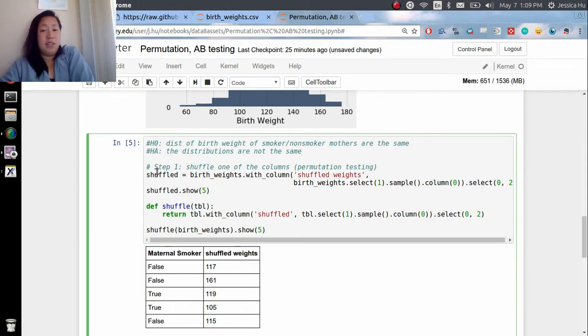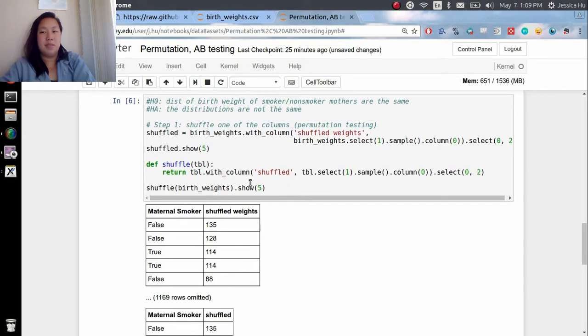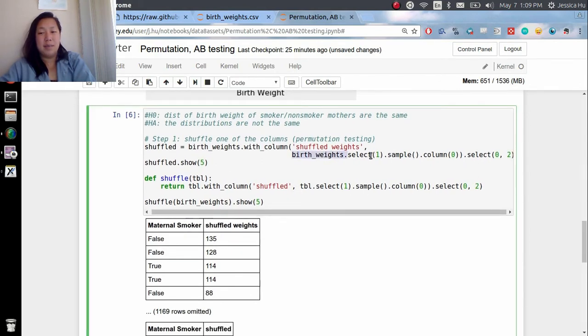So here's step one. We shuffle one of the columns, just permutation testing. Here you can see, if you do dot sample without calling anything in it, it'll have the same numbers, but it'll just be shuffled.